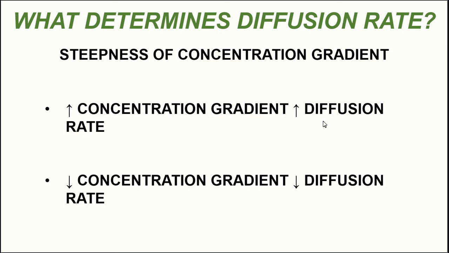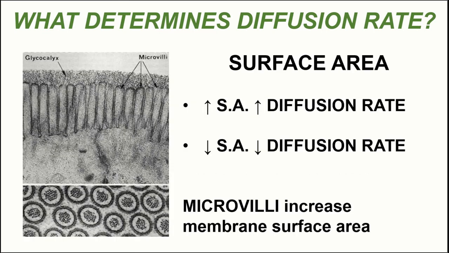So we're going to get more stuff diffusing per unit time. And if we decrease the concentration gradient, that is, if we start with a lower concentration of stuff on one side of that membrane, we're going to get a lower rate of diffusion across that membrane in the same amount of time. So that is hopefully a simple explanation of the steepness of the concentration gradient.